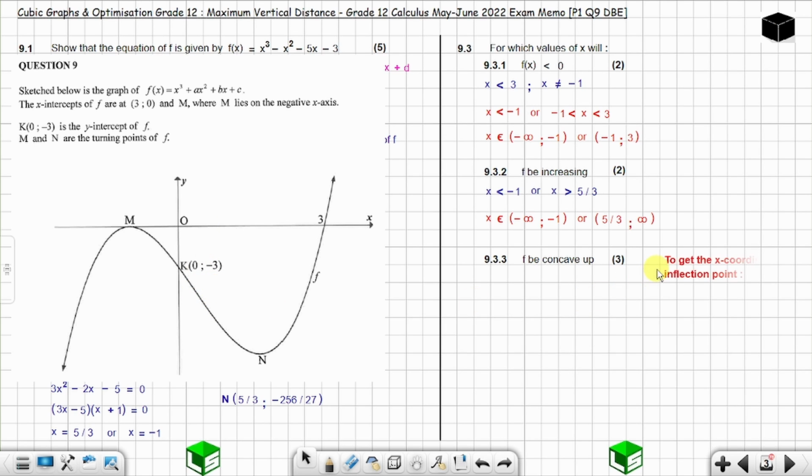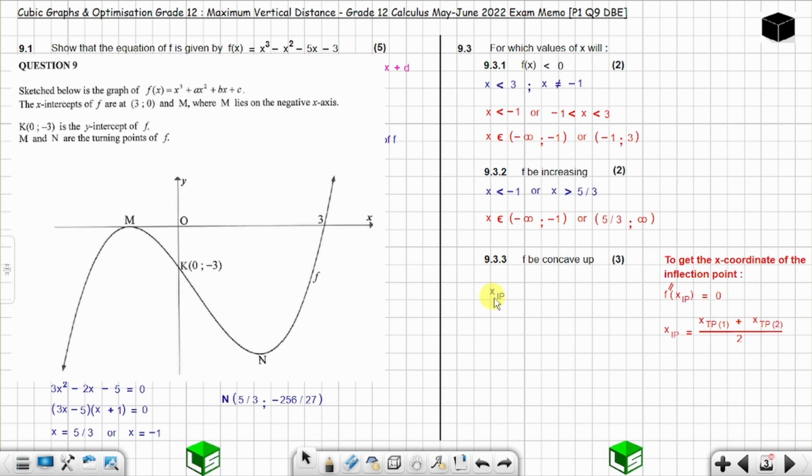Let me show you. To get the x-coordinate of the inflection point, you can use this method. You take the second derivative, you let it equal to 0, and you solve for x. The x-coordinate will be the x-coordinate of the inflection point. Or if you know your turning points, you can use this formula. Okay, I can use this, or you can use this. So I'm going to use this.